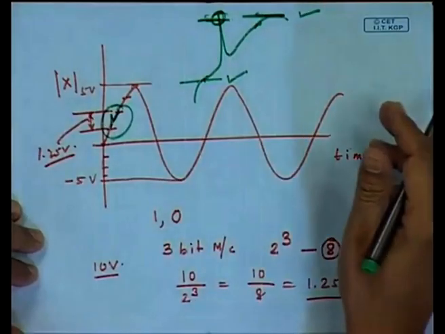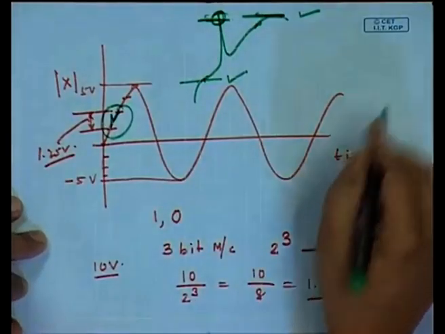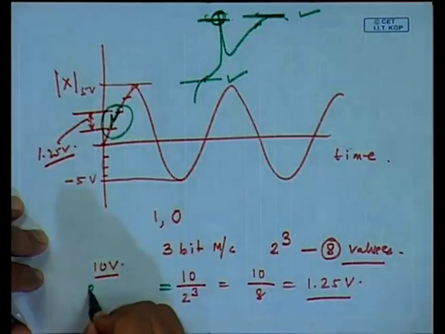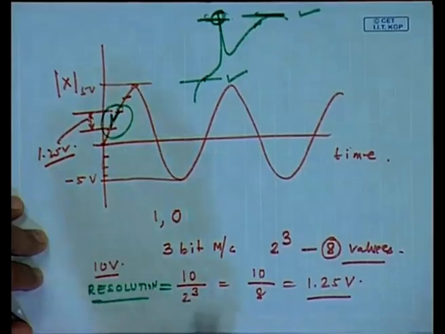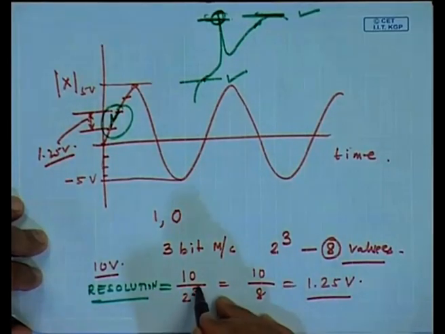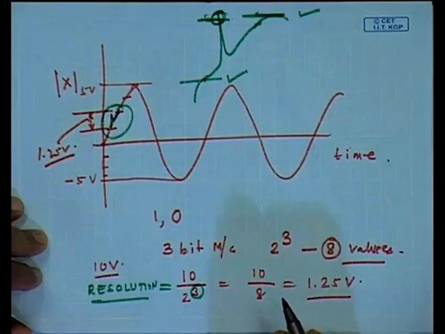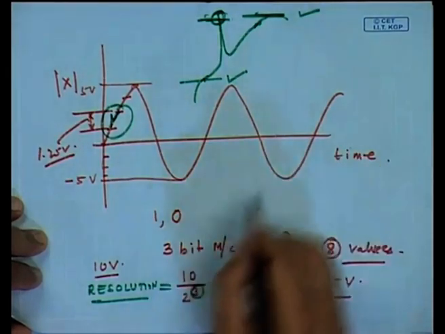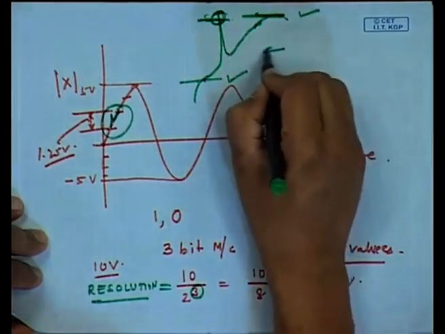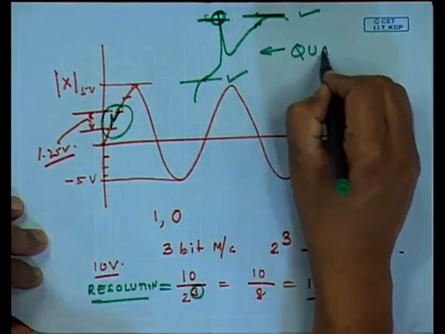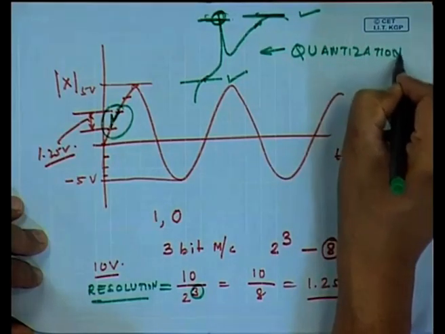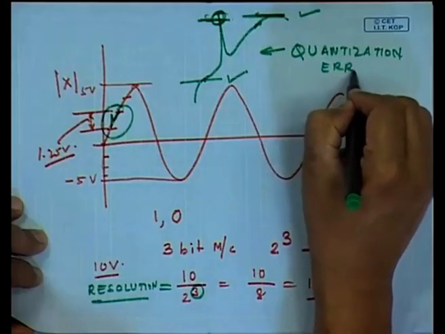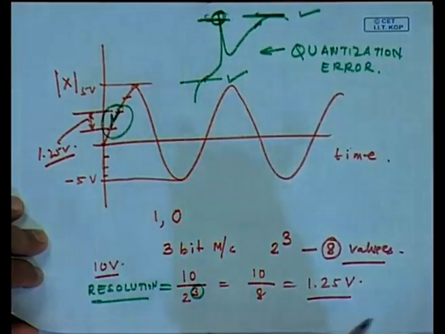Now, how could this be improved? This is actually known as the resolution. This can obviously be increased if I increase the bit size of the hardware. This kind of error is actually known as the quantization error.